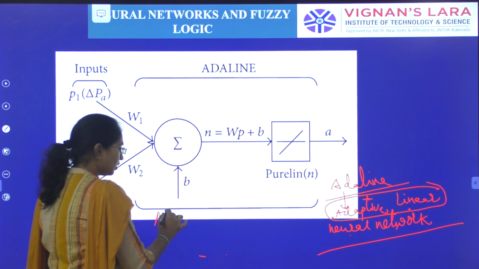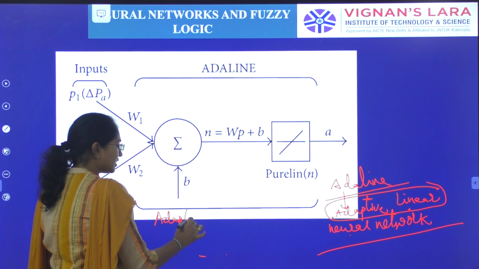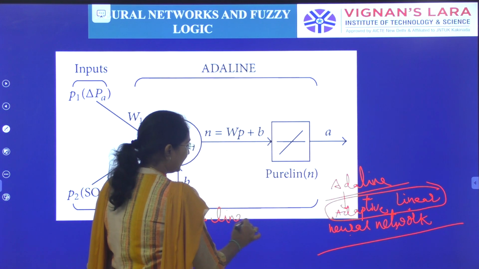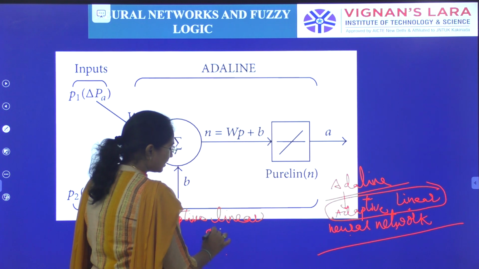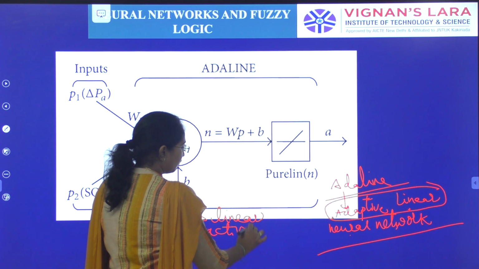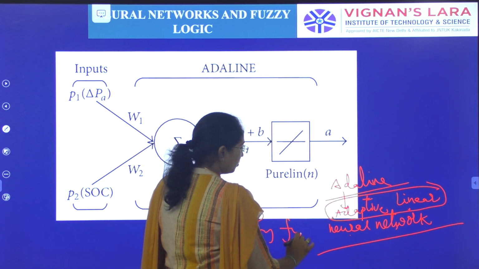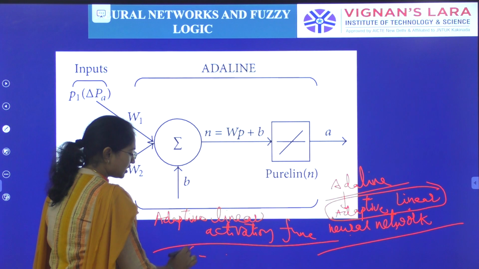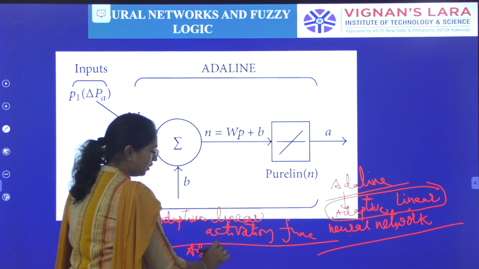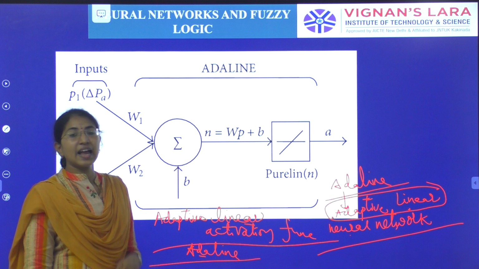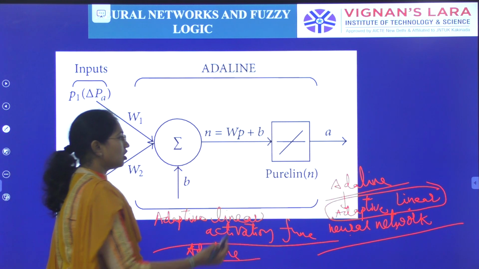So the name itself says that an adaptive linear activation function is used in this Adaline neural network. What is a linear activation function?